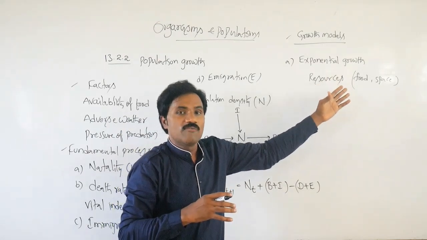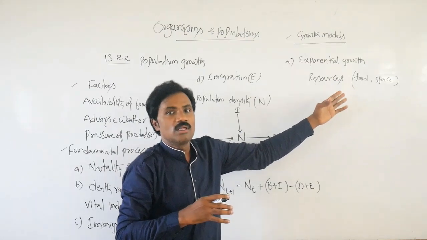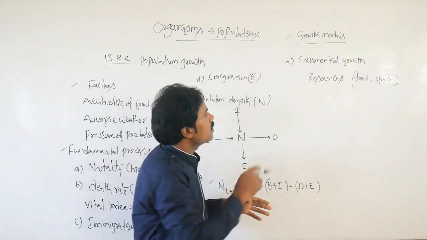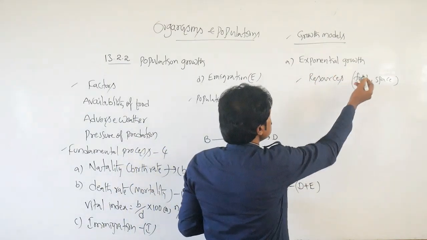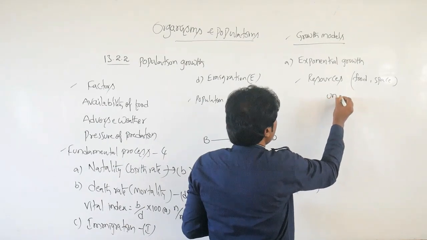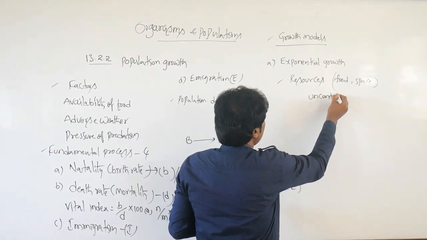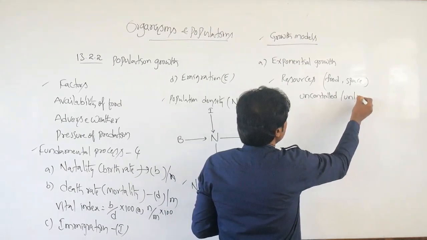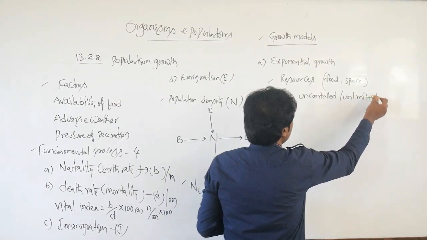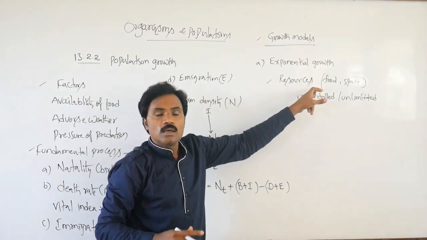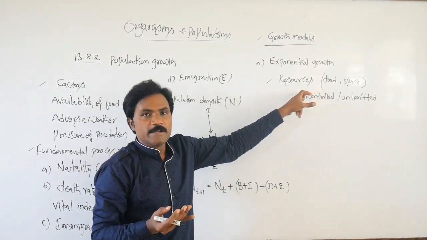Then what are the phases present in exponential growth? In exponential growth, if the resources are uncontrolled or unlimited, then it increases enormously.